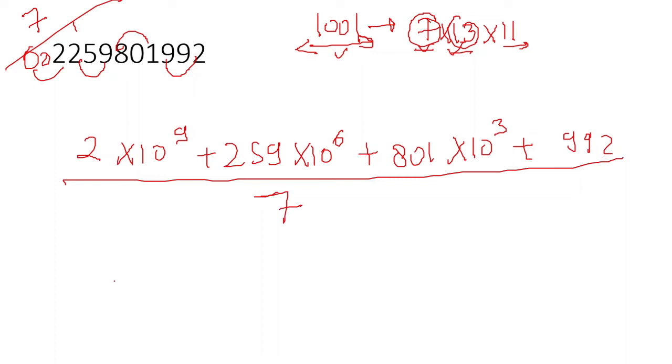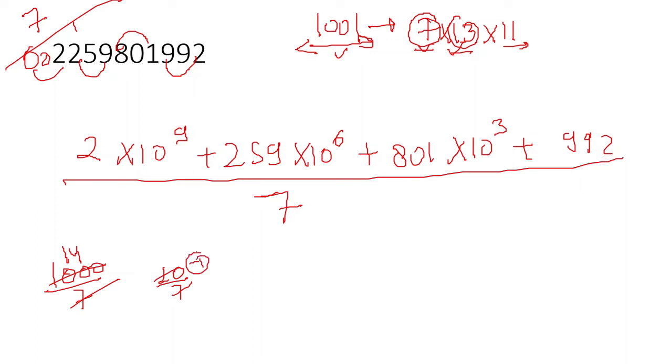So if you divide 1000 by 7, let's do it. 14 7s are 98 and 2. So we are getting 20 upon 7. So that is minus 1.